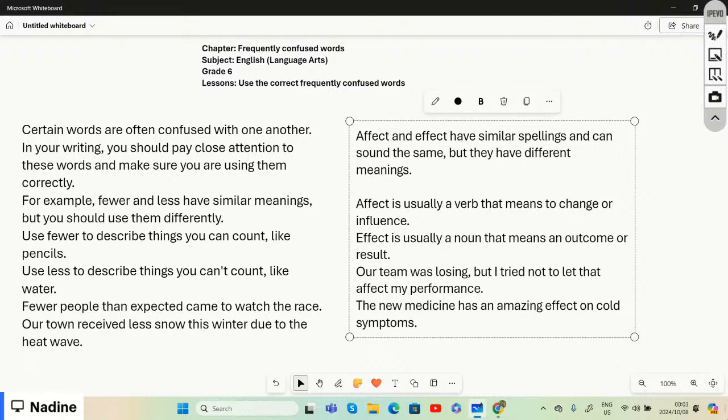And the lesson we're going to be focusing on under the chapter of frequently confused words is to use the correct frequently confused words.